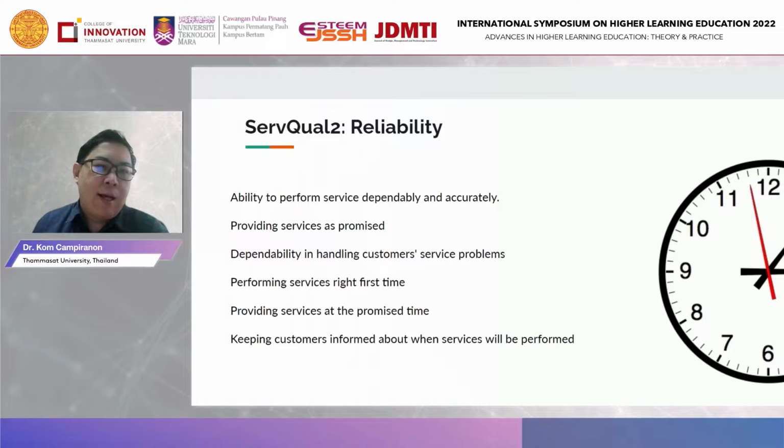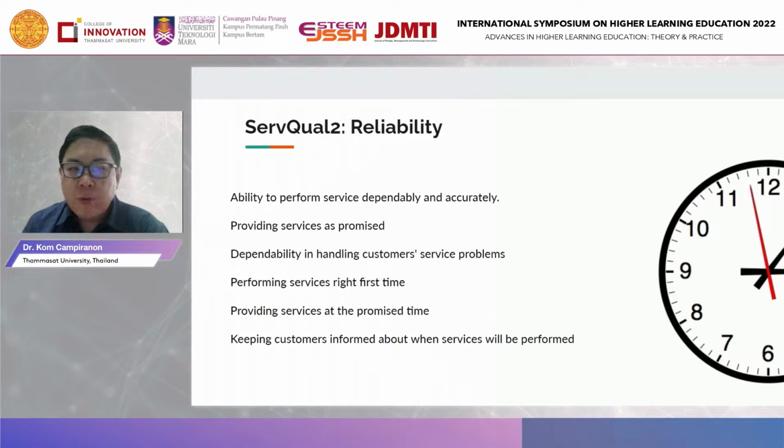A lot of hotels have a slogan or a promotion campaign. For example, some hotels promise that any problem that happens will be fixed within 15 minutes. That's their promise. So can the hotel actually do as they promise? Performing the service right the first time.